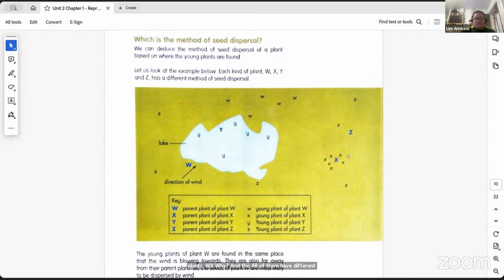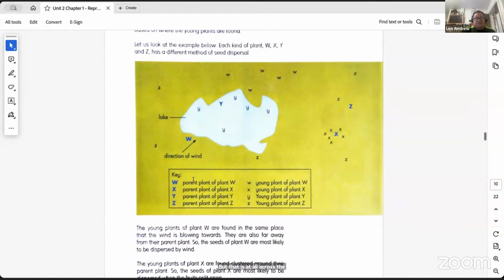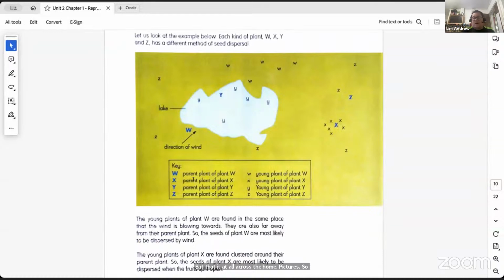From the graph, if you look carefully, the young of X are scattered near the parent plant of X. For Y, it's spread out across the lake. For W, it is all the way in the other direction. For Z, it is all across the whole picture. So from this, what can we tell about which seed dispersal method each plant uses? Let's look at W.